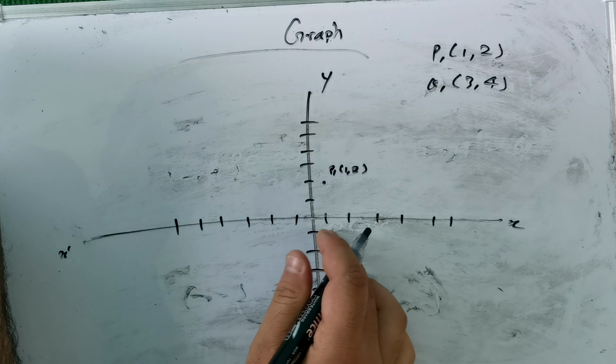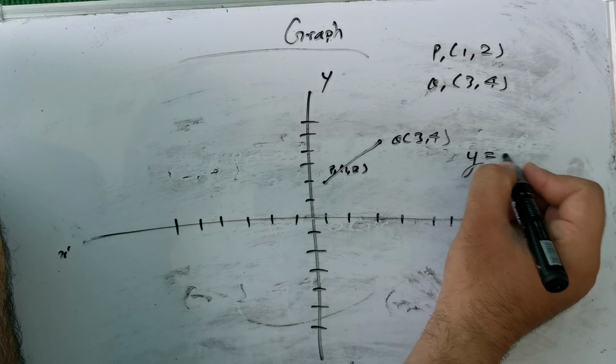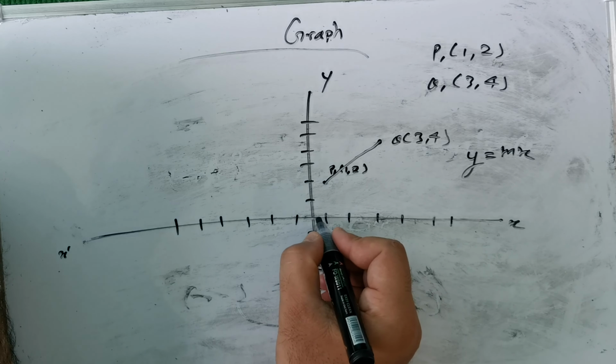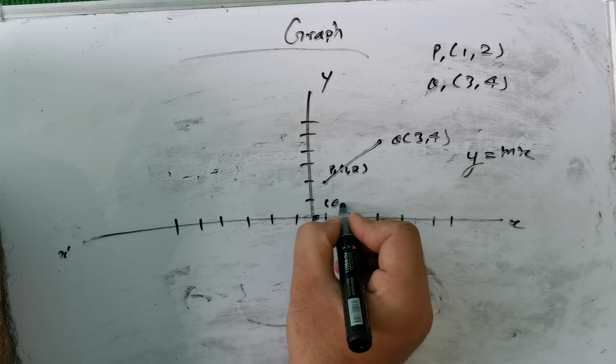This is the linear line or straight line. If the line goes from the center, here x is 0 and y is also 0, that means the equation is y is equal to mx.